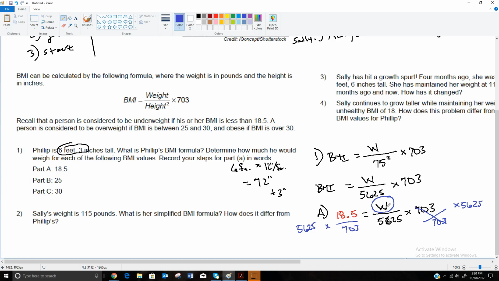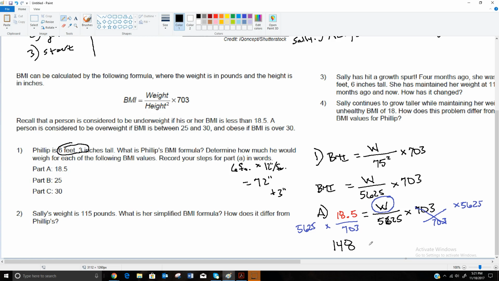And then I had a division by 5625, so I need to multiply by that. So if I calculate that, 18.5 divided by 703, and then I multiply that by 5625, I get 148 roughly for his weight.